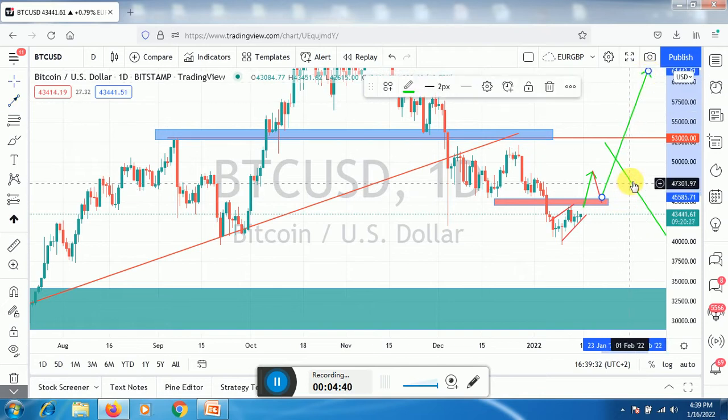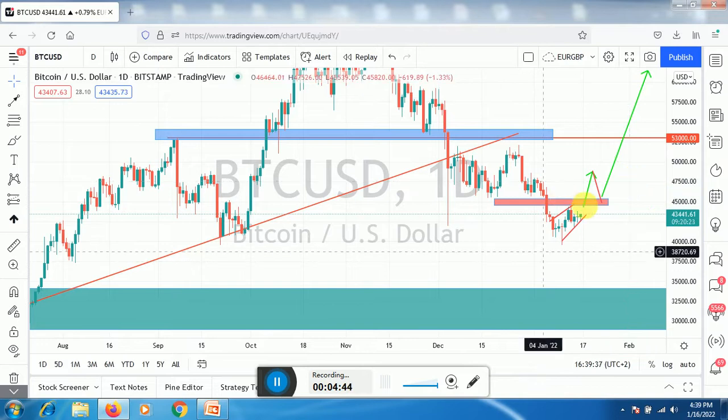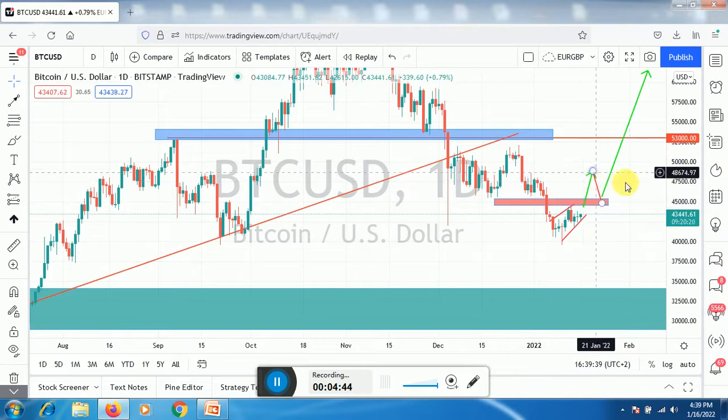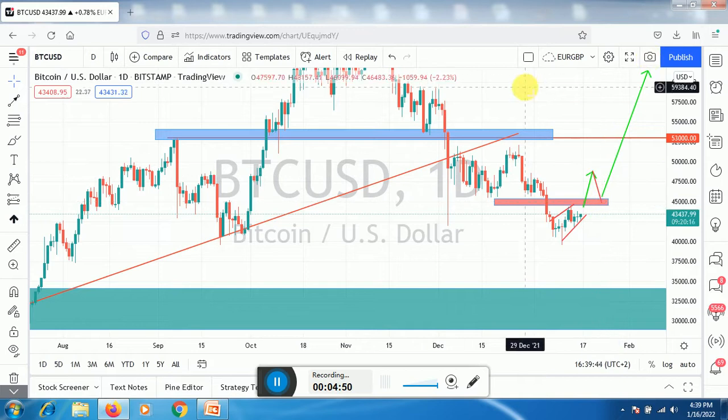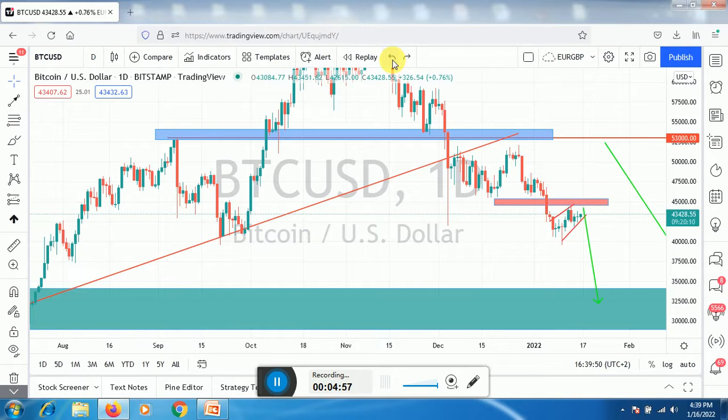Maybe something like this will happen. Price will move higher, maybe retest 47,500, can retest this level, and then price will move a bit higher. But as long as it is still below the 42,000 level, we are pretty much still bearish on Bitcoin.